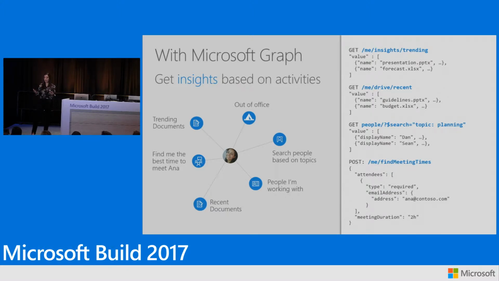That is super powerful. That is not just giving you static data, but data that is contextual to the user and the activities that the user does within the service. We also have other APIs, for example the trending API, that returns a set of documents that are popular for a user at a given point in time, either because people in their group have been collaborating on those documents, or because we think they're relevant for the user based on the activities on them.